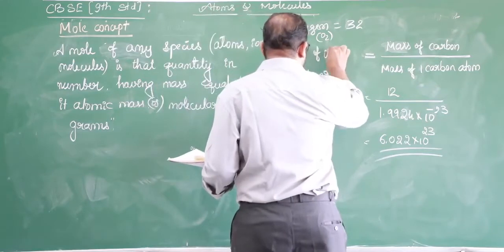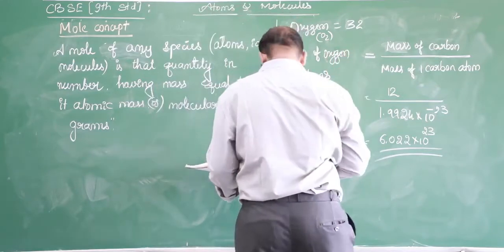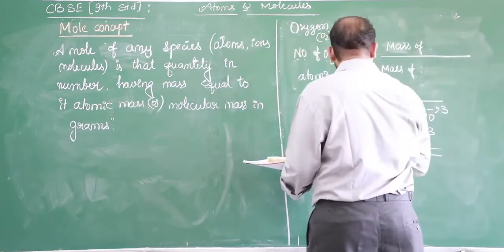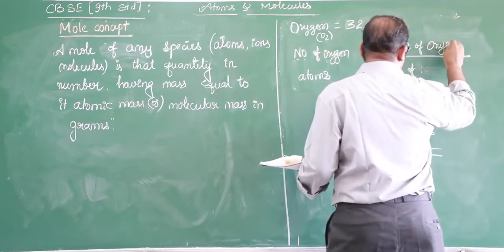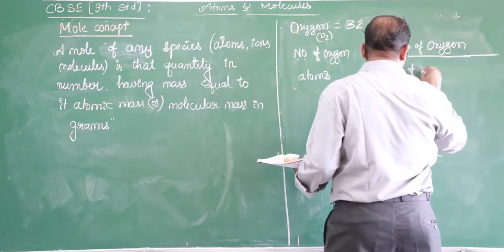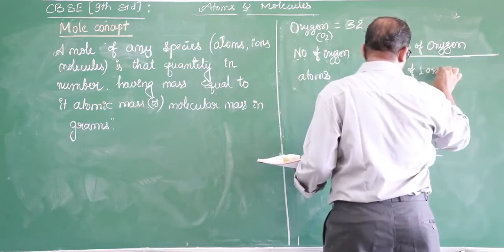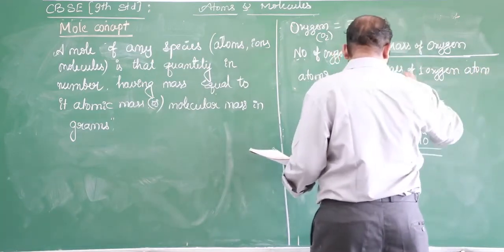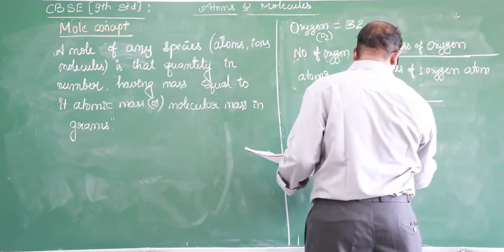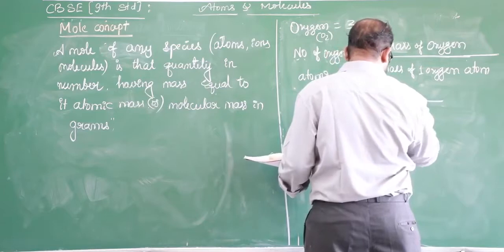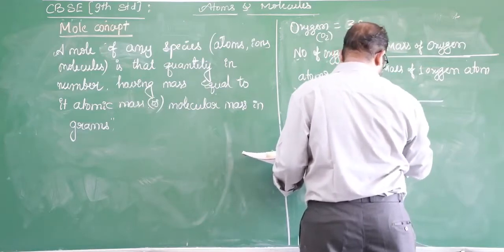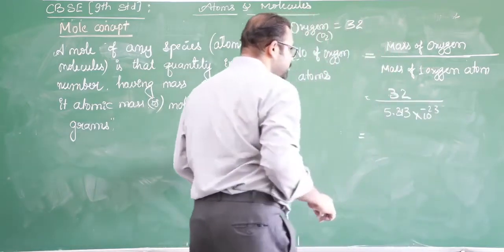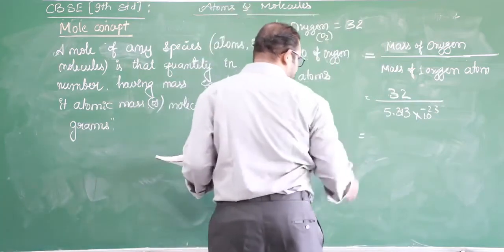Now we calculate the mass of oxygen molecule divided by the mass of one oxygen molecule, 32 divided by 5.313 into 10 to the power of minus 23.